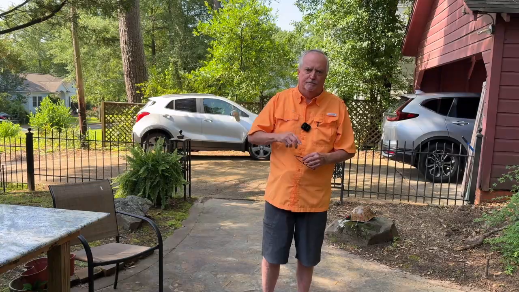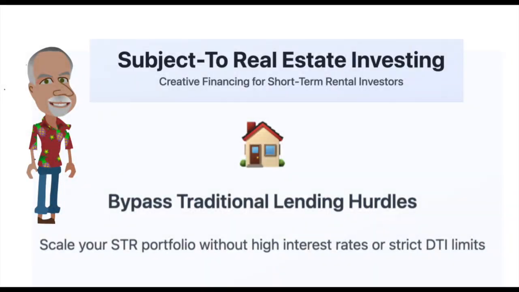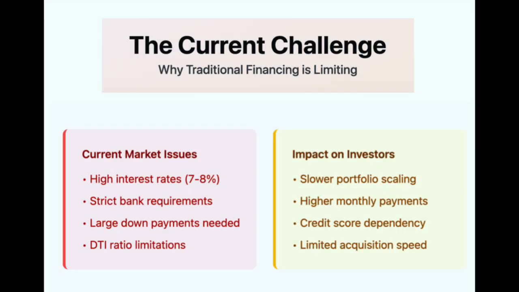Subject to. Okay, let's unpack this. If you're looking at real estate investing right now, especially short-term rentals, you've probably felt the pinch. High interest rates, banks being cautious. Yeah, needing those big down payments. Exactly. It's tough sledding if your goal is to really scale up your portfolio. It is. Traditional financing is definitely slowing a lot of investors down, especially if they want to expand their STR operations.